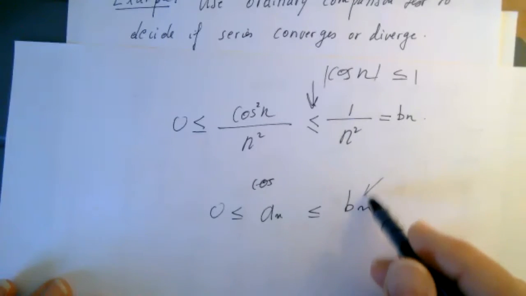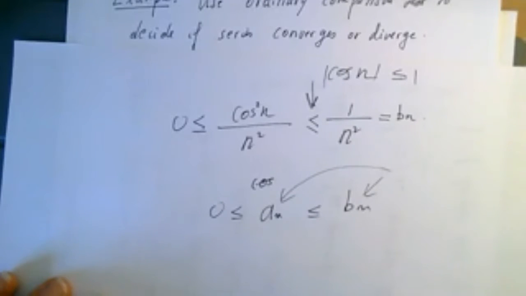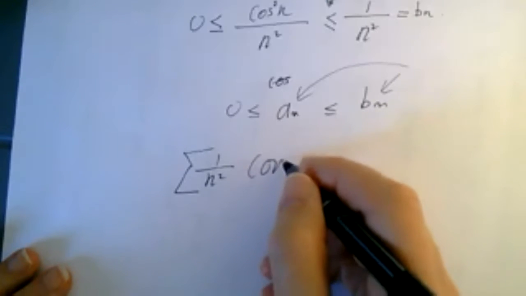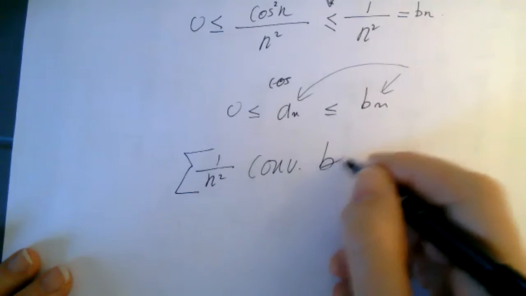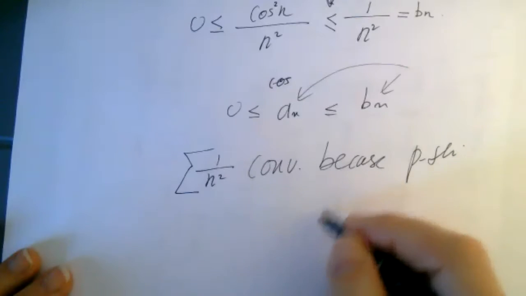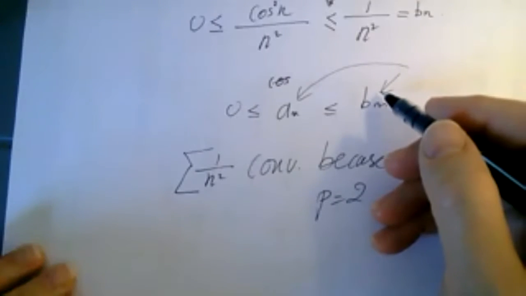The ordinary comparison tells me if the larger converges, then you can conclude that the smaller converges. But do we have that? Let's look at the larger series, 1 over n squared. This one absolutely converges because it's a p series with p equal to 2. So the larger series converges.